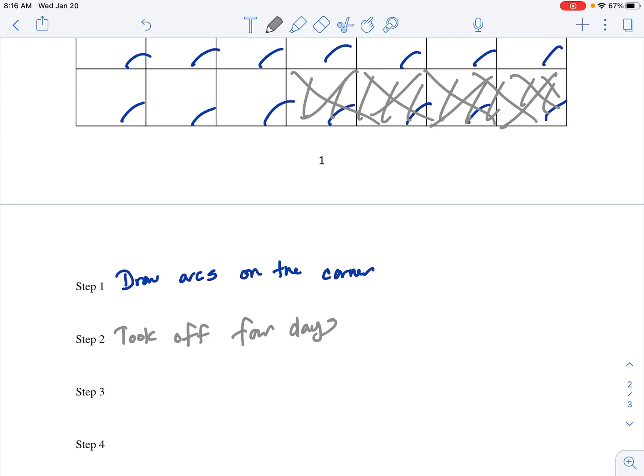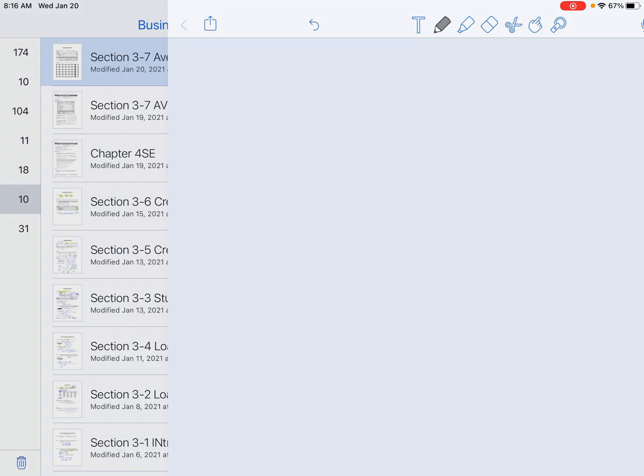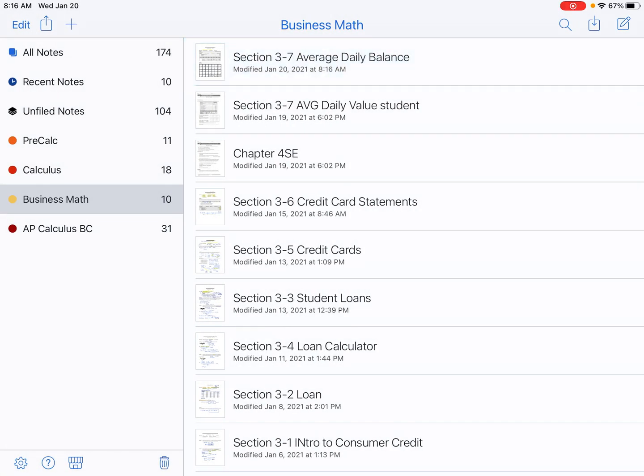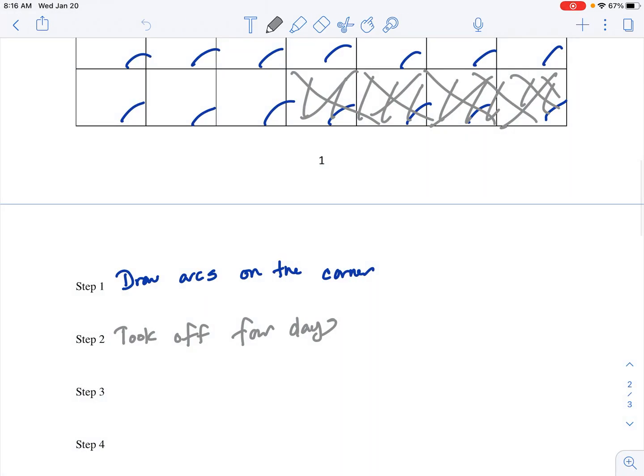Next we're going to enter the billing date. We're going to enter the billing date in the corner section of the last day of the calendar.